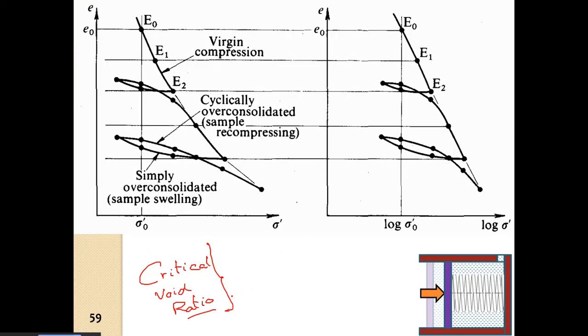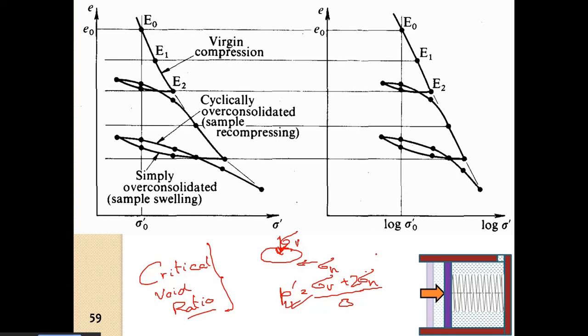So now when we apply sigma v in the consolidation test, obviously sigma h will also increase, and ultimately p dash, equal to sigma v plus twice sigma h by 3, will also increase.